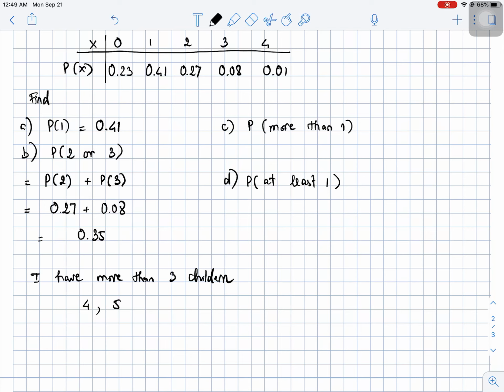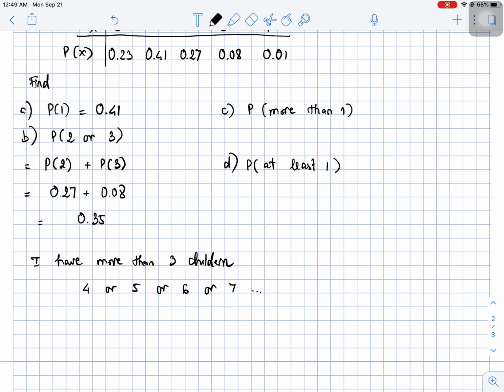I should not have 4 and 5, but I have to use the word or, okay? 4 or 5, so just one of them, right? Or 6 or 7 and so on.